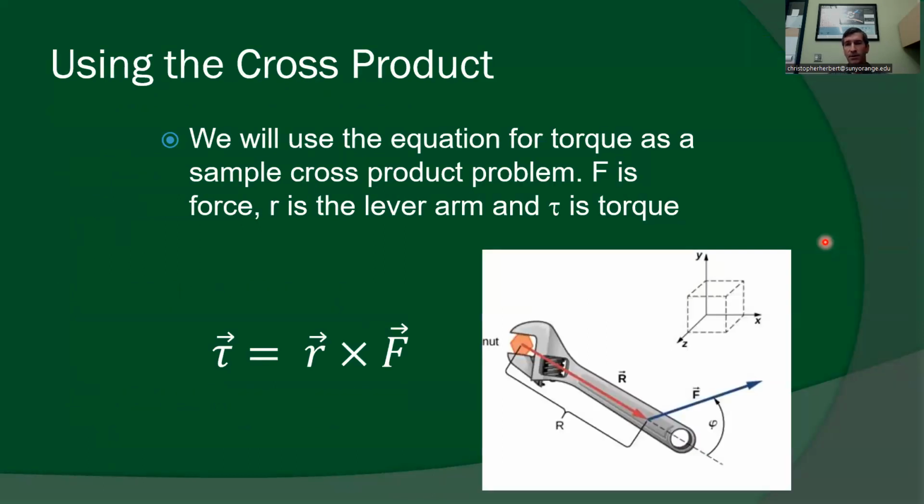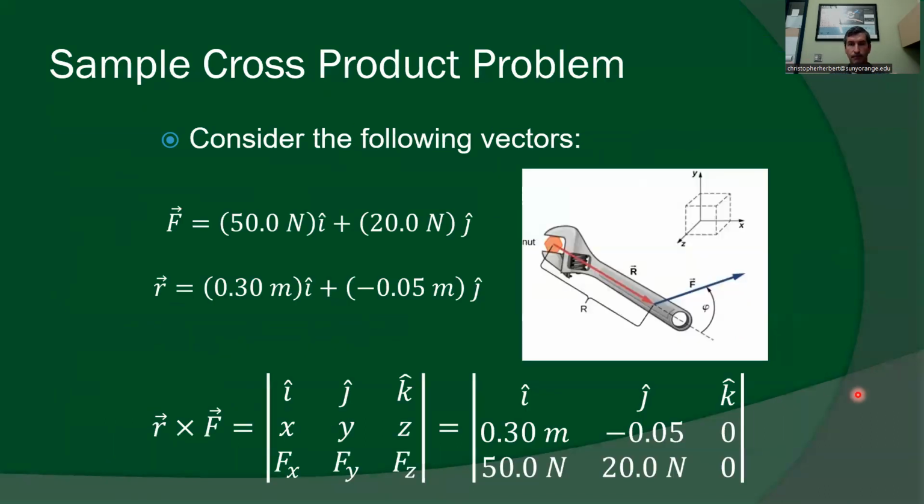Let's do cross product just to be certain that we know how to do this. We are going to say that the torque is equal to R cross F. I'm going to give this R vector some value, and I'm going to give this F vector some value, and break them into their orthogonal components, in terms of I hat, J hat, and K hat, which indicate the X, Y, and Z unit vectors. So I'm going to place a force on there.